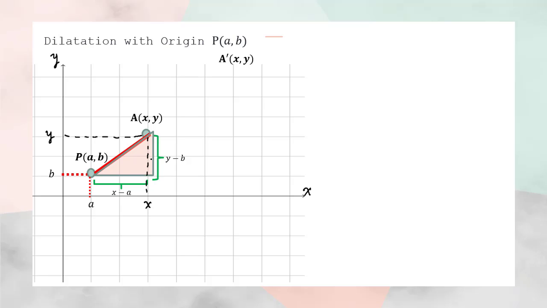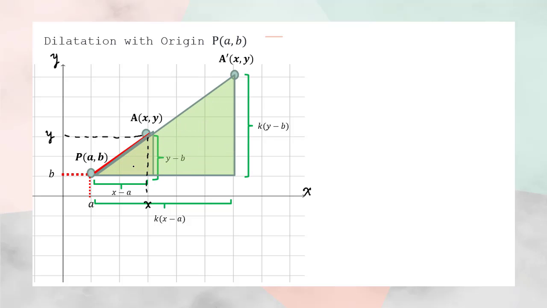So for the horizontal one, k times (x minus a), and for the vertical one, k times (y minus b). Then we can sketch the big triangle after we resize the small triangle using all the legs. So this is the big triangle after we resized, and the length of PA accent will be k times PA.